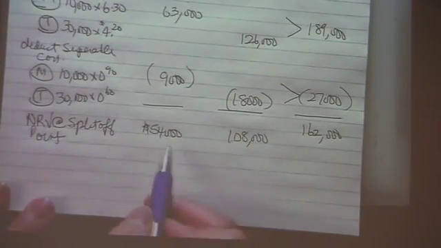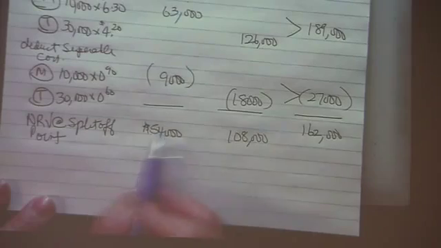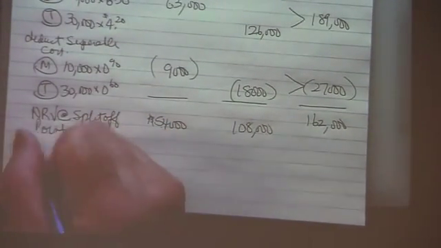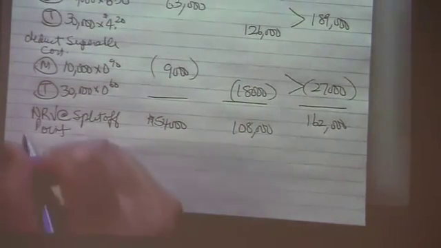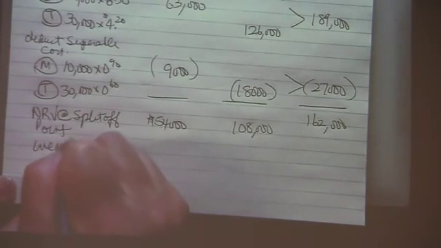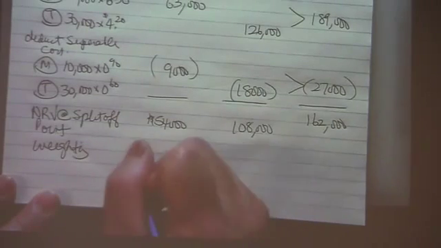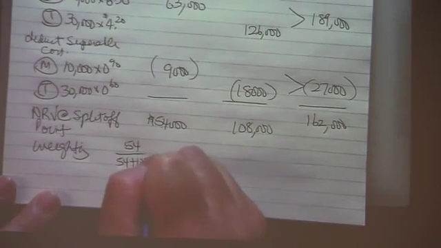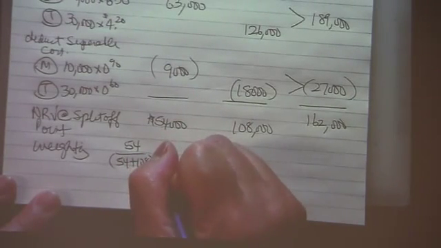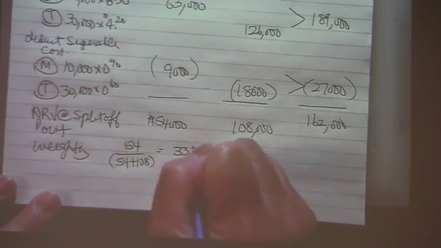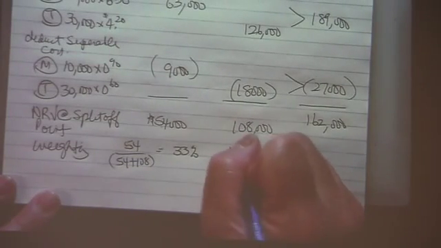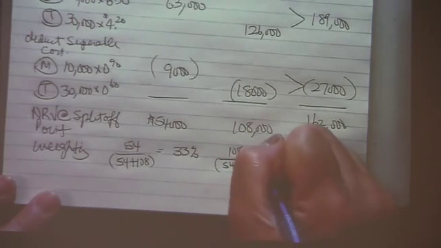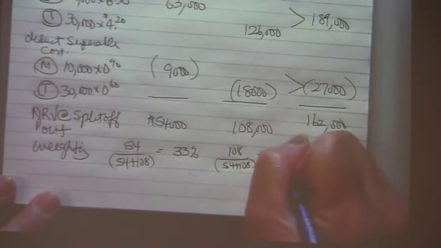Now we're going to use the relative values of these two to allocate the joint cost. So the relative weighting is going to be 54 divided by 54 plus 108. That gives us 33%. And this is 108 divided by 54 plus 108. That will give us 67%.